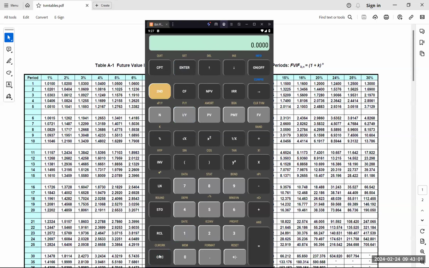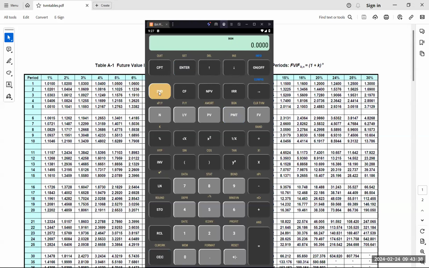Also make sure the third thing is that on your display panel on the calculator, you should not be seeing this item, which you see here, BGN. It stands for begin. It should not be on display. If it is, then you have to make it go away, right? So let's say your calculator looks like this and BGN is being displayed.